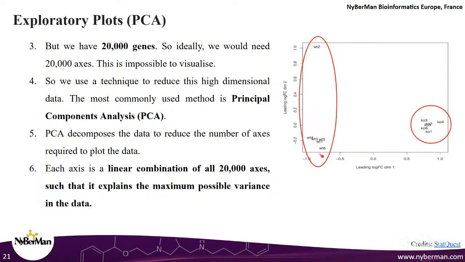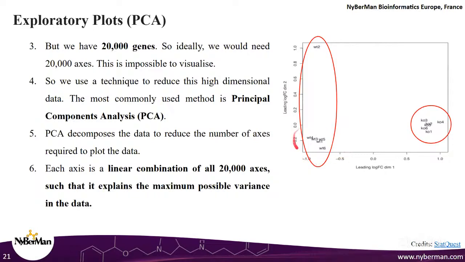For the wild types as well, WT1, 3, 4, 5, and 6 all form a pretty tight cluster, but WT2 is a bit farther away along the second principal component. So this one is probably an outlier in your data because it is not clustering well with the other wild types.